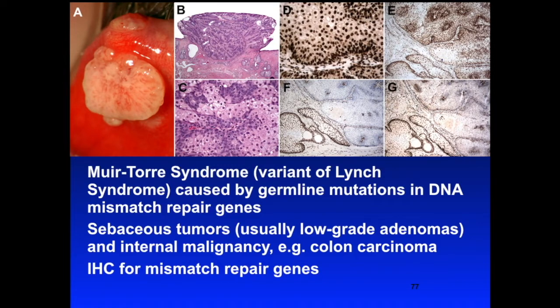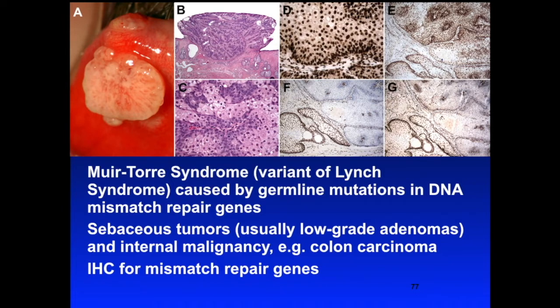Immunohistochemistry for mismatch repair genes. We typically do this when we have a fairly low-grade sebaceous lesion. At the top, the normal cells show nuclear staining. E is normal.